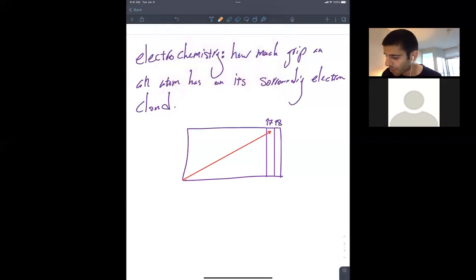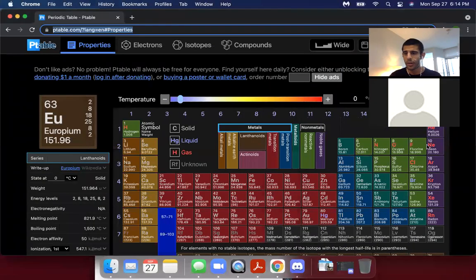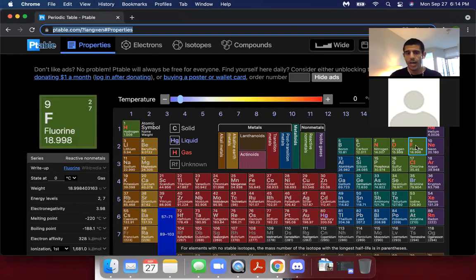It actually increases both from left to right and from bottom to top. How do I personally remember it? It's very simple. I know the most electronegative element in the world is fluorine, which is the same thing that I just showed you. So as you move towards fluorine, it becomes more electronegative. Simple.